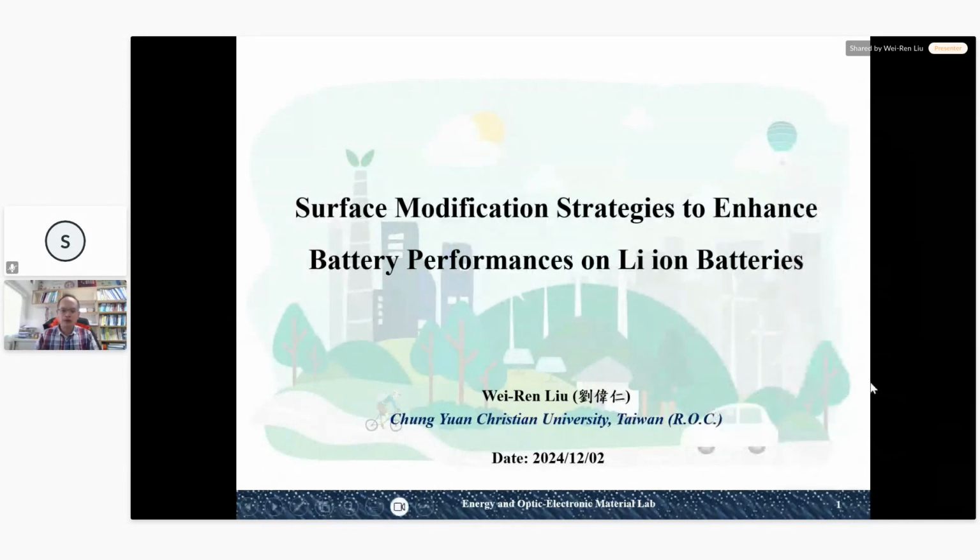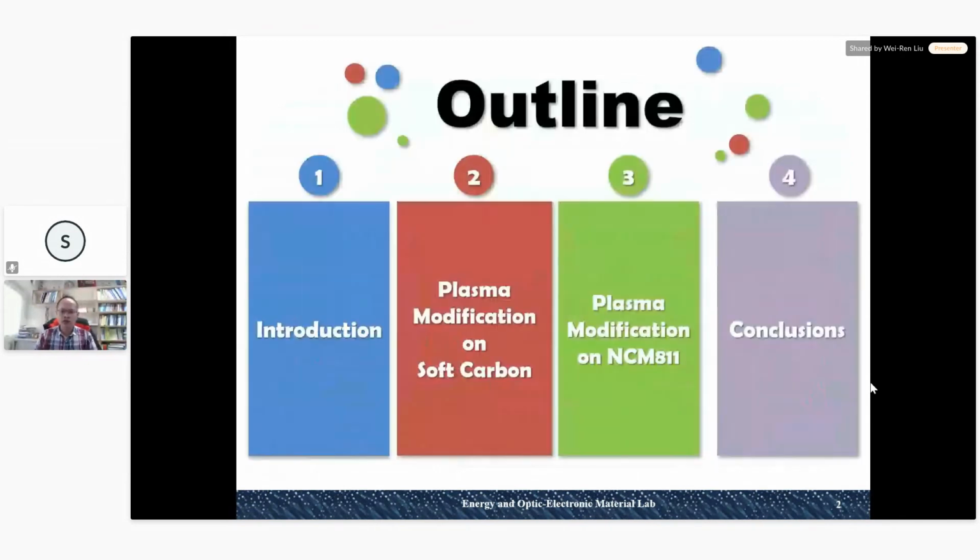First of all, I would like to thank Professor Surathep for the invitation. Today I would like to talk about our recent work on the surface modification strategy to enhance the performance of lithium batteries. I'm Wei-Ren Liu from Yuan Christian University in Taiwan. In this talk, after the introduction, I will present two different examples.